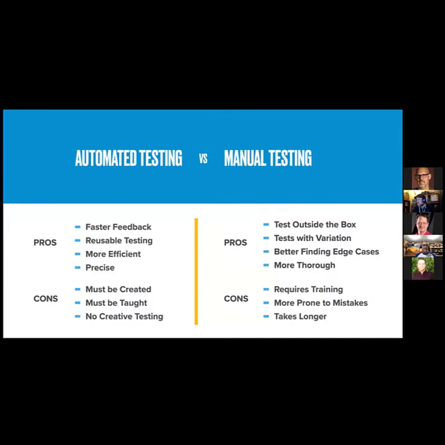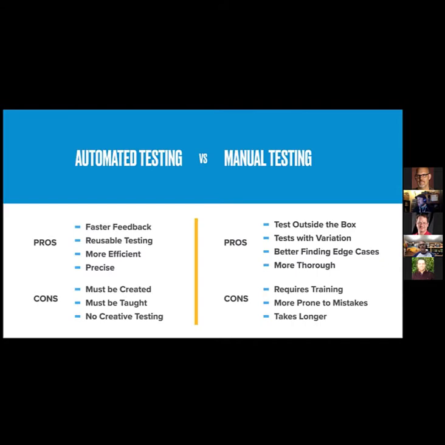Some of the pros and cons, I know this is pretty common sense, but with automated testing, the pros are you get faster feedback, you can create reusable tests, it's more efficient and precise. The cons are that it must be created, it must be taught, and it's not very creative, so it doesn't handle edge cases very well.